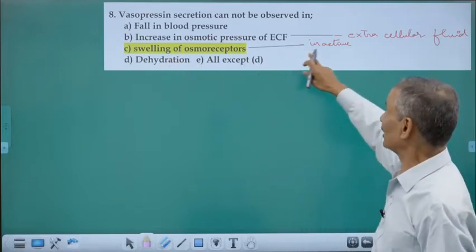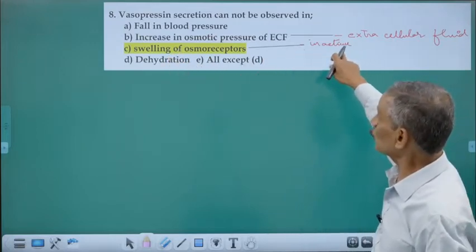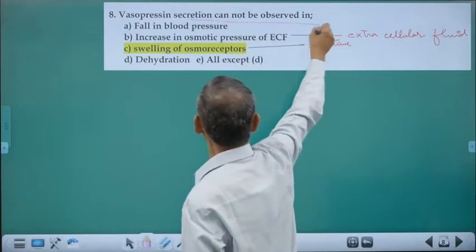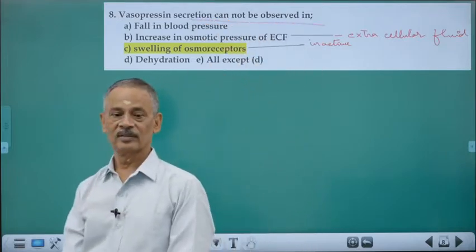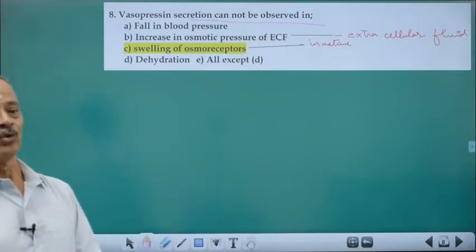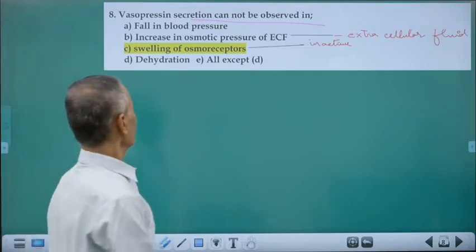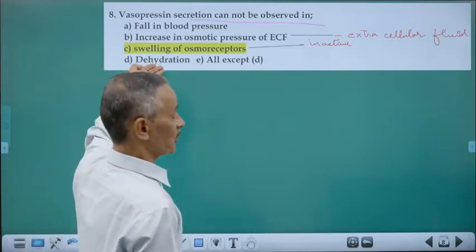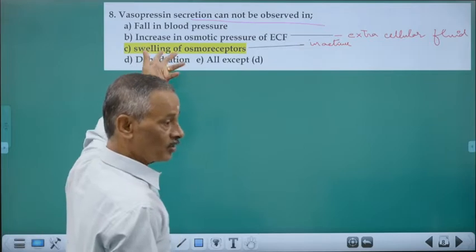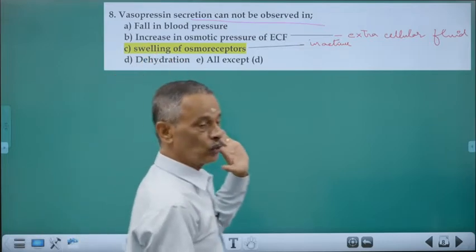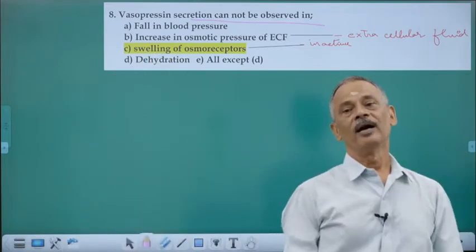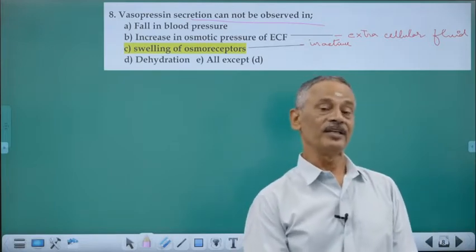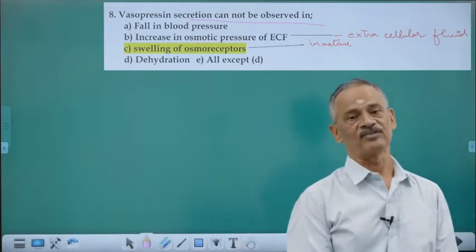Here, it is inactive. So, in an inactive condition, vasopressin release cannot be observed. Only when they become active, vasopressin will be released. There is dehydration, a large amount of water. You are sending out copious dilute urine. We have studied in kidney functioning the details of the action of ADH.